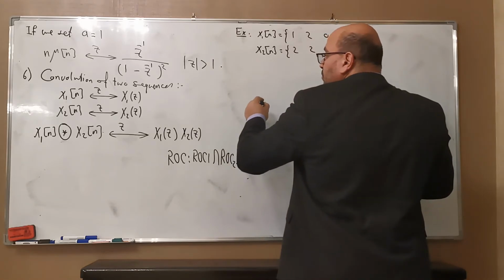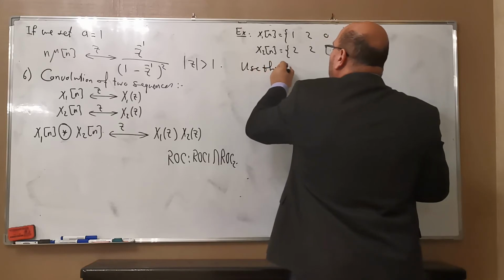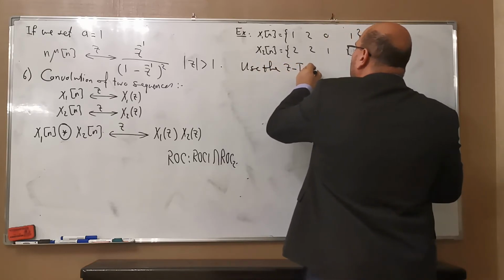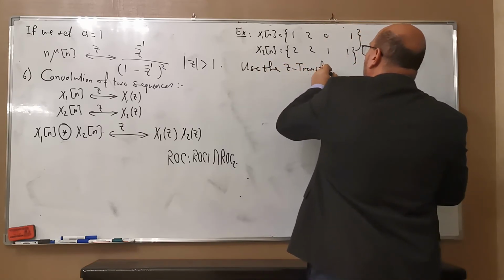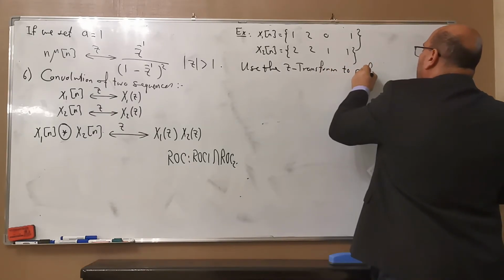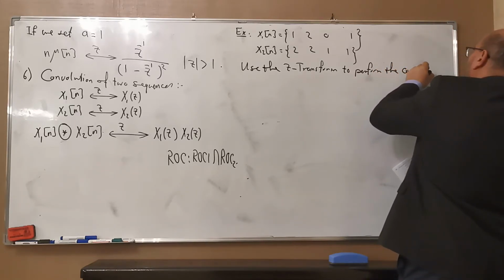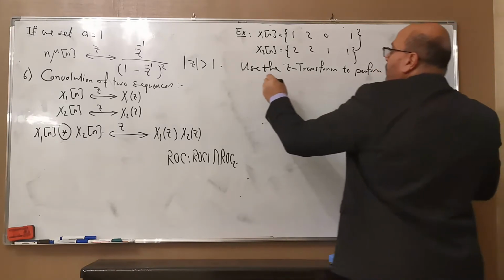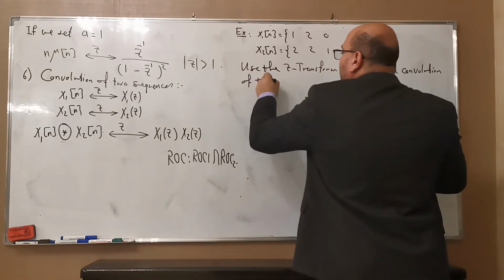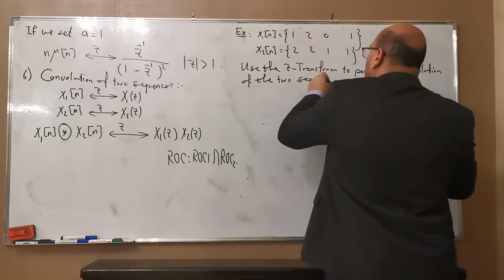So use the Z transform to perform the convolution of the two sequences.